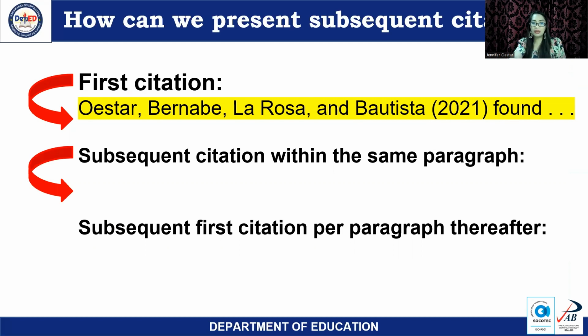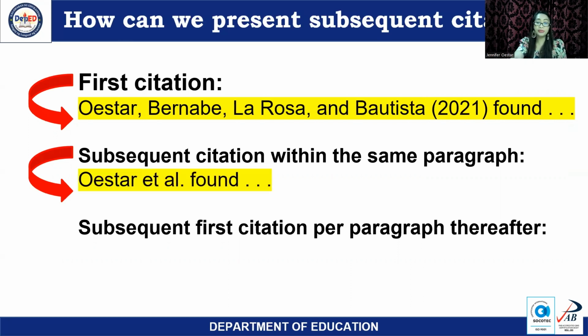What if they are still mentioned in the same paragraph? What would be the change or how can we write it? Ostar et al. found. So I will no longer write the year because it's in the same paragraph. And I will write et al.